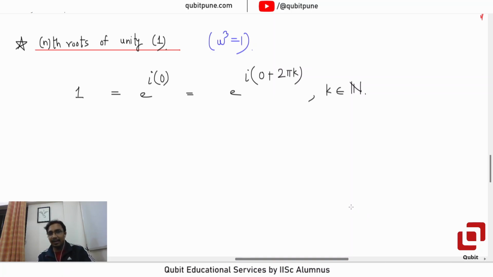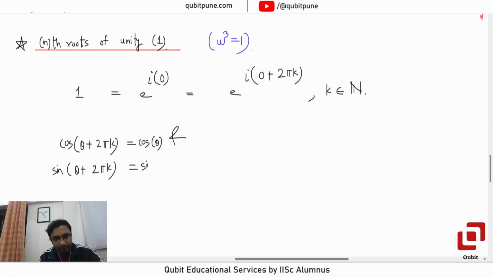Essentially what I'm saying is this: cos of theta plus 2 pi k is cos theta, and sine of theta plus 2 pi k is also sine theta. These two properties combined give that 2 pi k form. Understood? Using De Moivre's, using Euler's formula, cos theta plus i sine theta. Do you follow this?